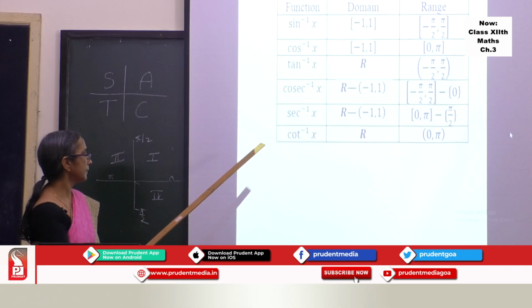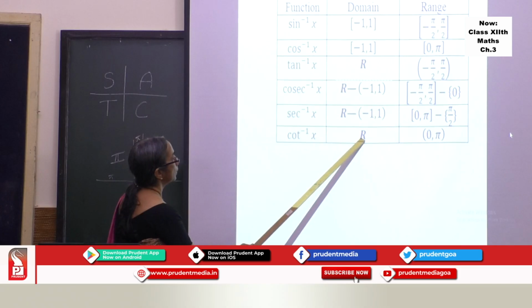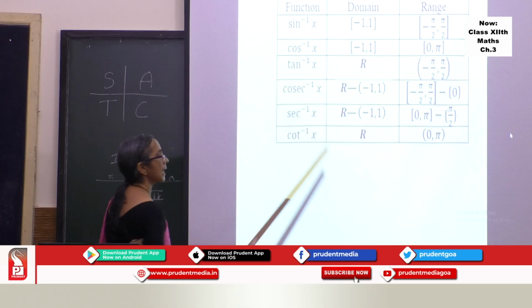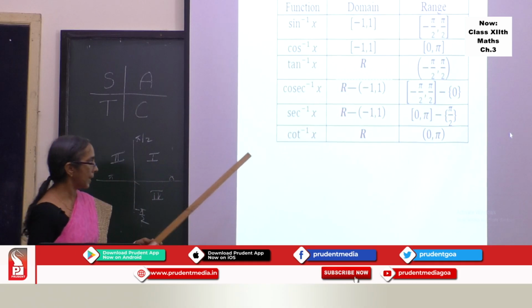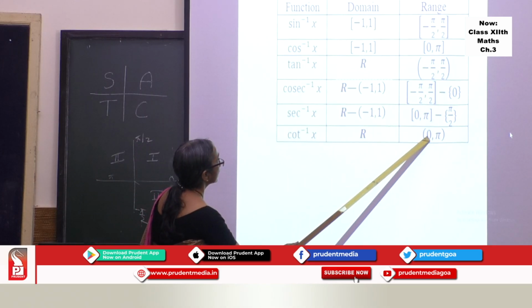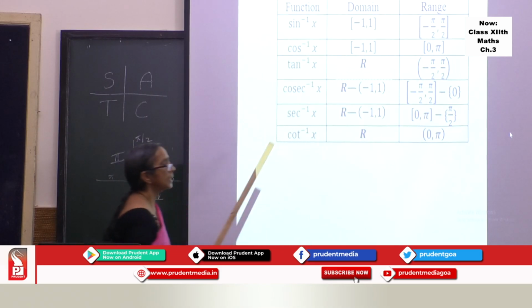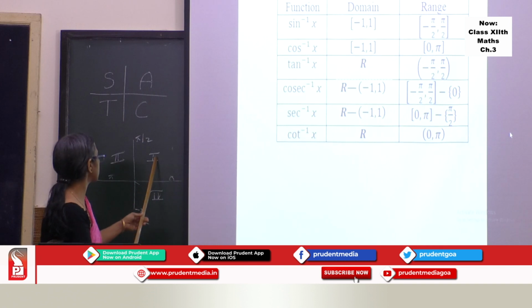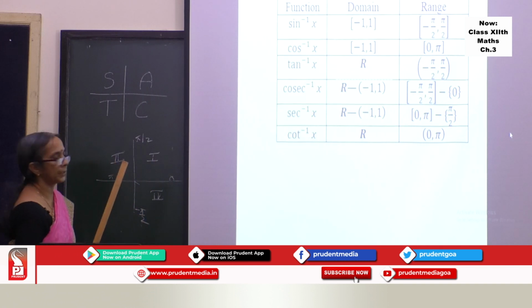But cot inverse of x has domain the set of real numbers, like tan inverse, but the range is only 0 to pi, the first quadrant and second quadrant.